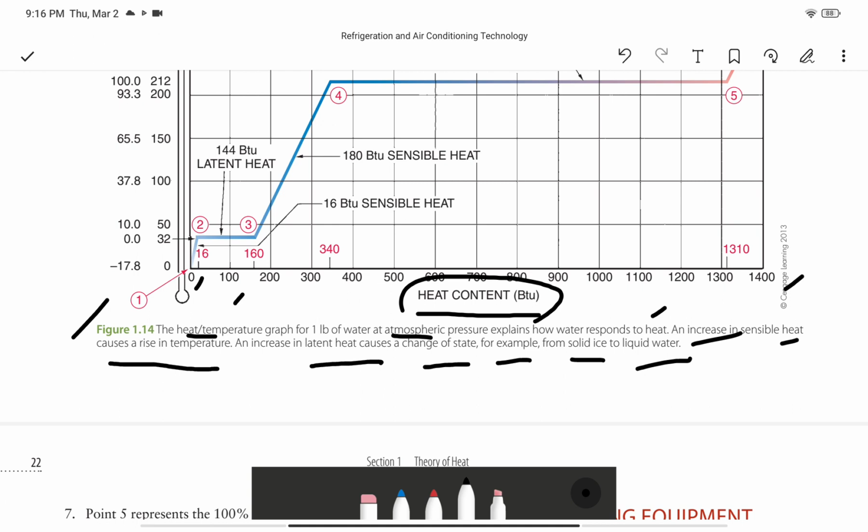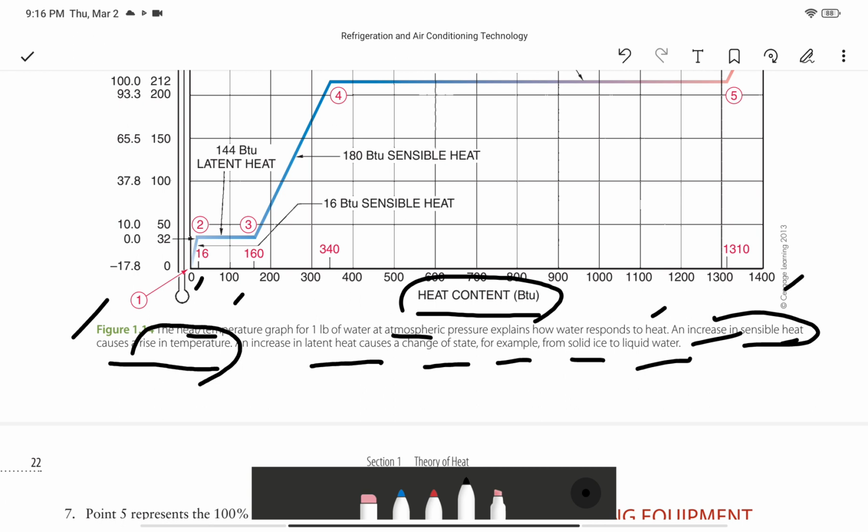When you add sensible heat, the temperature rises, meaning the temperature changes from low to high, so it raises the temperature of the water.